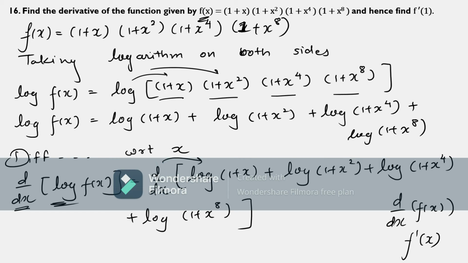I can write d by dx of log of (1 plus x). This is 1 by whatever is there after the log, that is 1 plus x, so that goes in the denominator from the identity. So 1 by (1 plus x), but still we have to apply the chain rule. Whatever goes in the denominator, we have to differentiate it again.